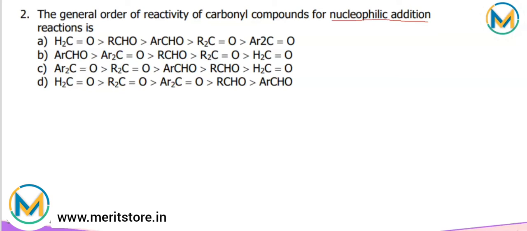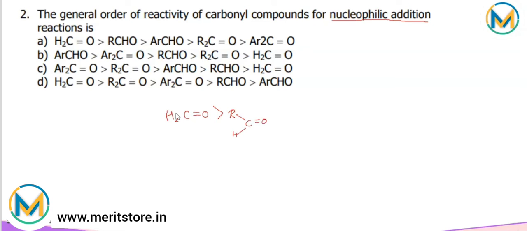As the number and the size of the alkyl groups increase, the hindrance to the attack of the nucleophile also increases. Thus, reactivity follows the order. It's the lightest molecule, formaldehyde. Then we have acetaldehyde, that is R C double bond O H.